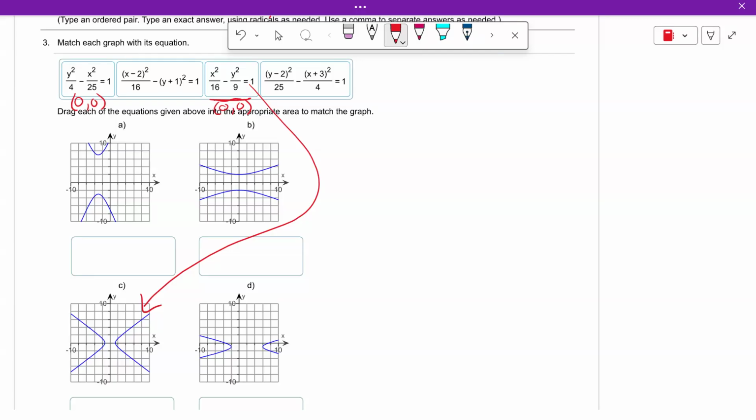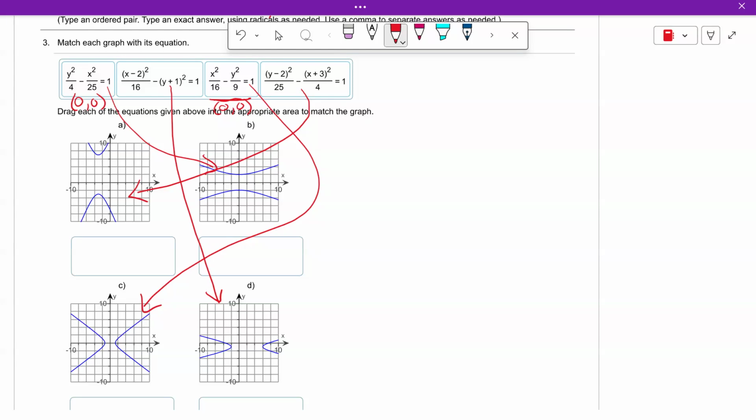If y is positive, it's an up-down with a center of (0, 0). If it's an up-down, y is positive. If it's a right-left, x is positive.